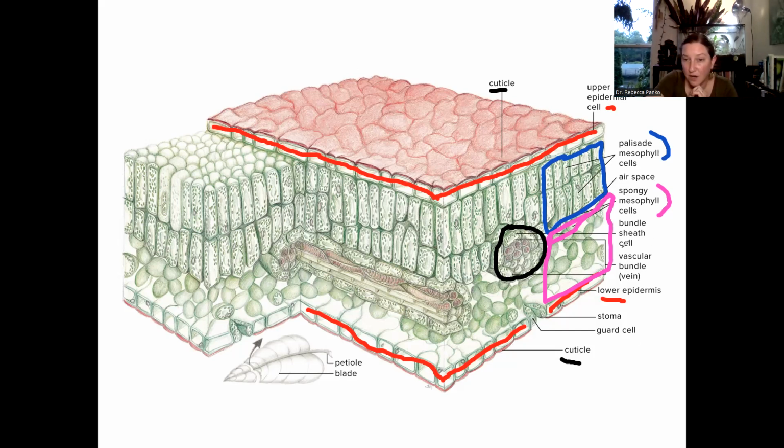And inside, so you see here, vascular bundle or vein, that's what I drew in black. And inside of that vascular bundle or vein is going to be vascular tissue, AKA xylem and phloem. In this drawing, xylem is here where I'm putting orange. And I'll use light blue. Phloem is on the bottom.